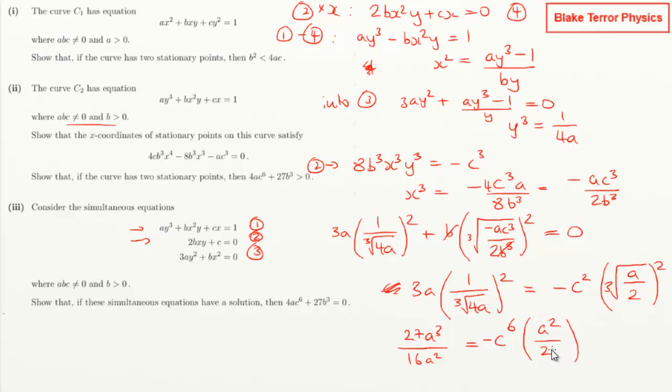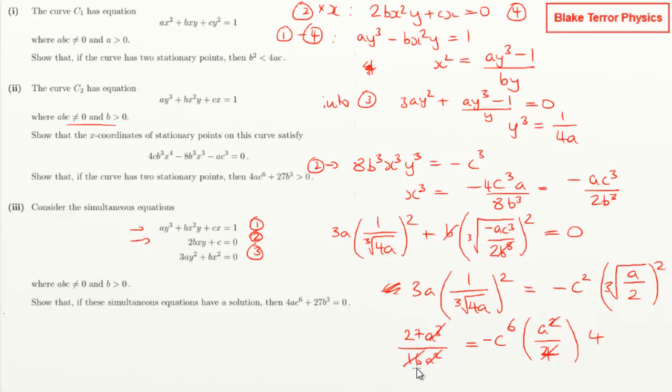Okay, so no, over 4. So I can cancel that and that, and then multiply everything by 16, get rid of that, and then put a 4 there.